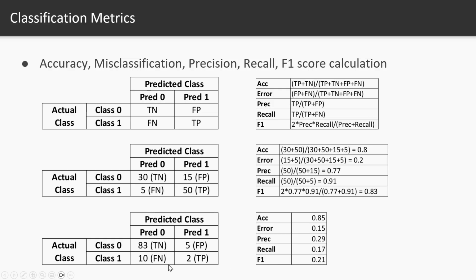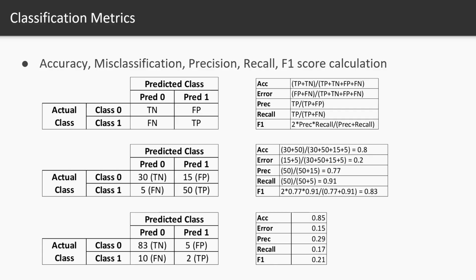The reason we should not rely on accuracy, but rather on F1 score or precision and recall, is especially when the dataset is imbalanced. You see here we have 88 points from the negative class and 12 points from the positive class. That means even if the model didn't learn anything from the data and was super lazy, even if it went with just the larger class, in this case 88 negative points, and predicted everything as negative, it would get 88% accuracy.